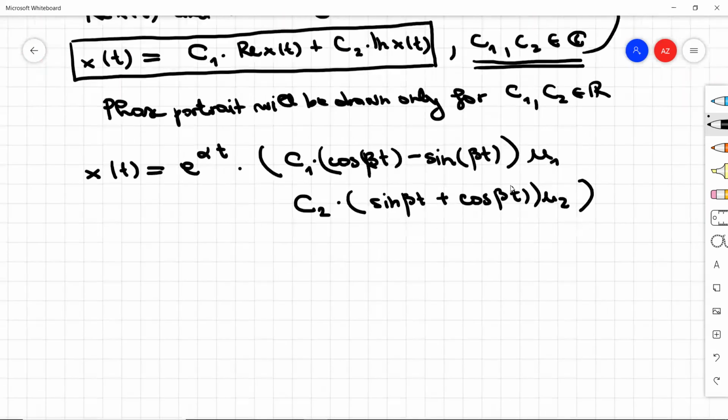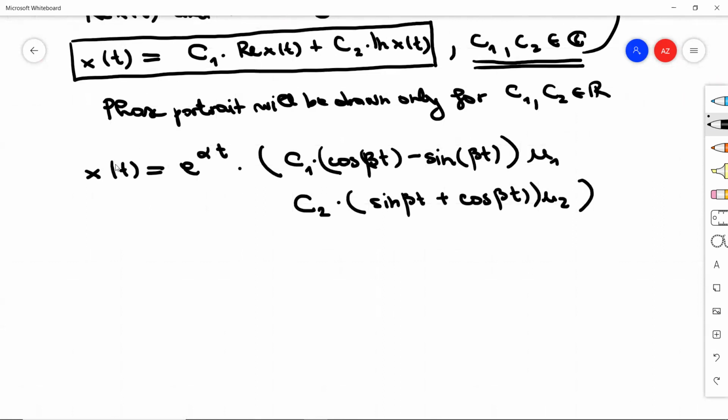Now we have to draw the phase portrait of those solutions x of t. It will be difficult to analyze this form of the solution, so we will still use the complex form.